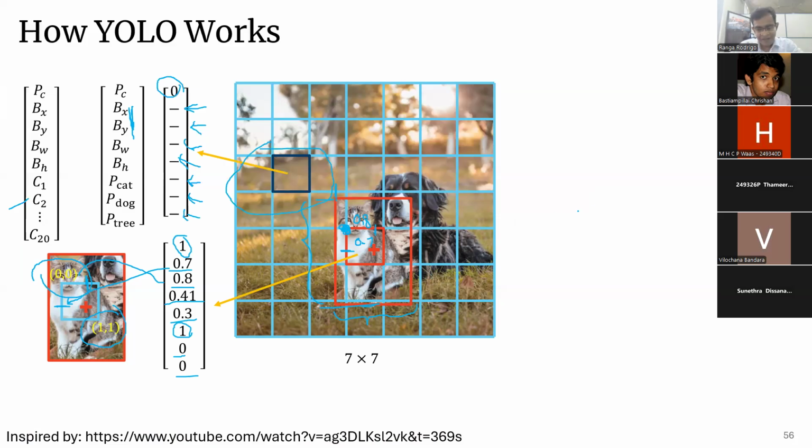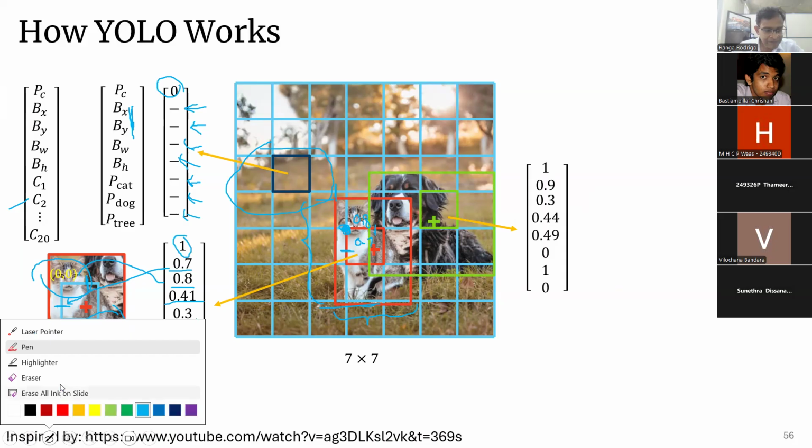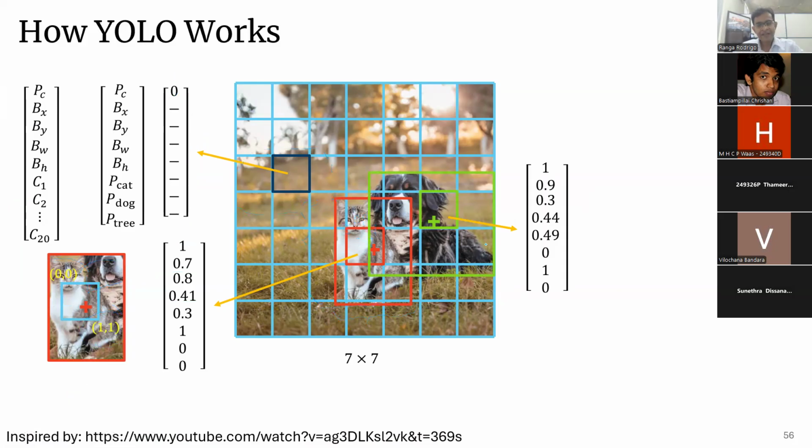Okay, if you take the dog one, there you can see the probability of an object being there is 1 for that cell. We are talking about this cell where the center of the dog falls in the ground truth.